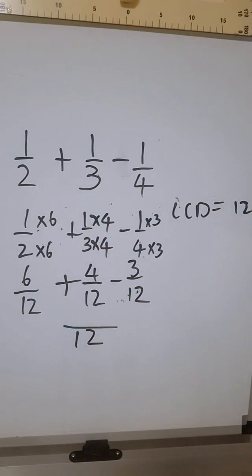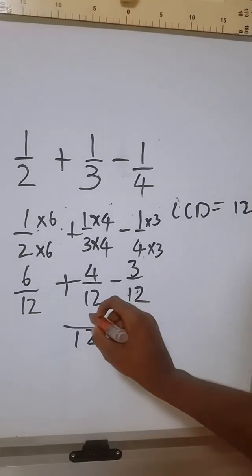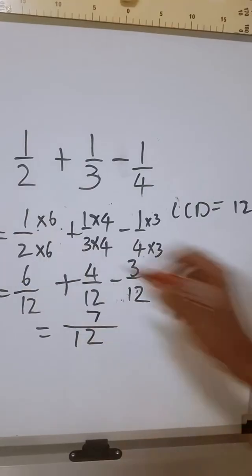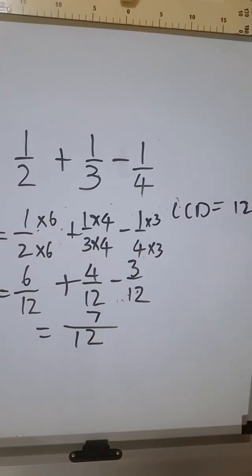What's 6 plus 4? 6 plus 4 is 10. Then what's 10 minus 3? It is 7. So our answer is 7 over 12.